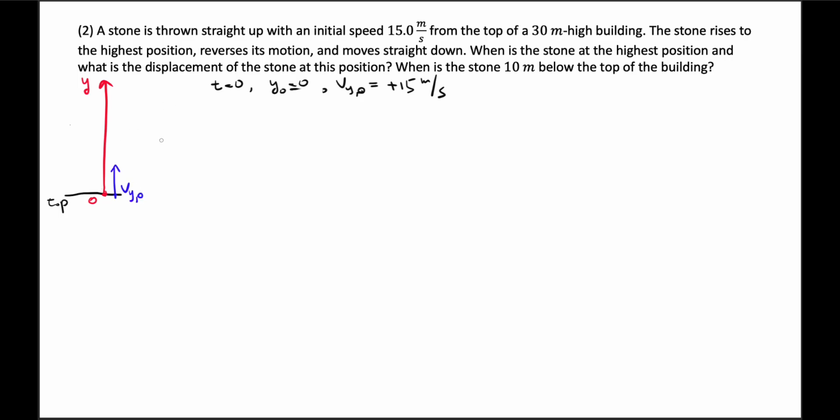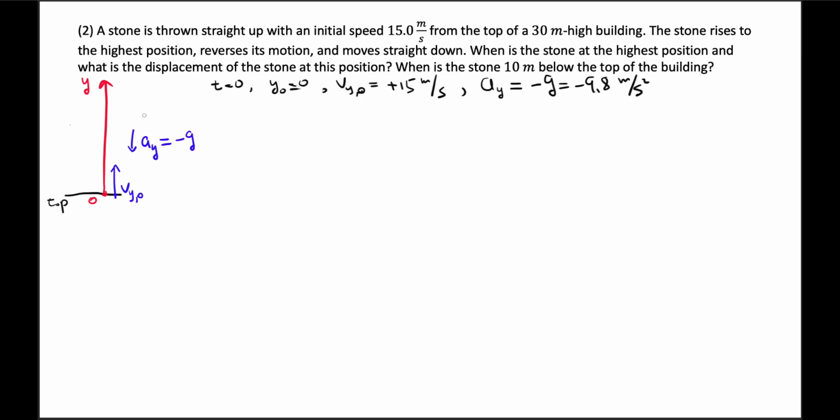Now, how about the acceleration? Here's the free fall. So the acceleration of the object is this way. Let me call it ay. Since the y-axis is upward, it's negative g, or negative 9.8 meters per square second.